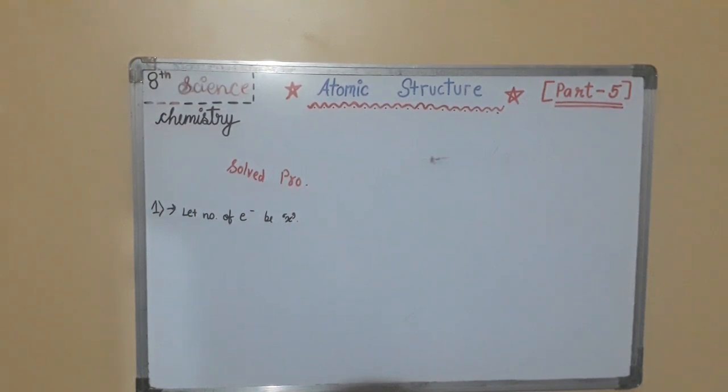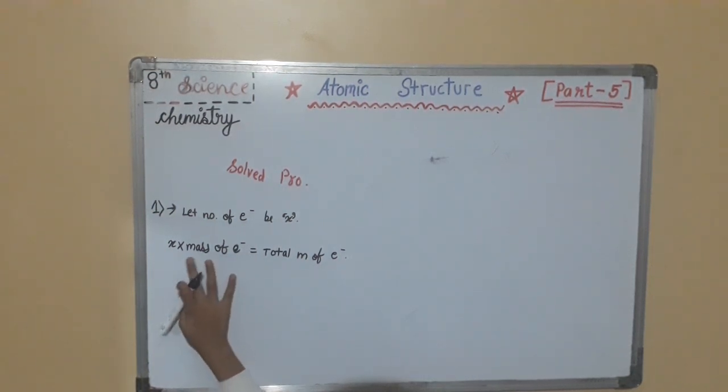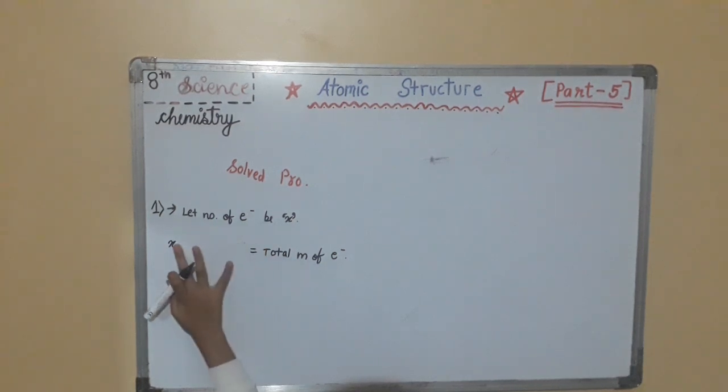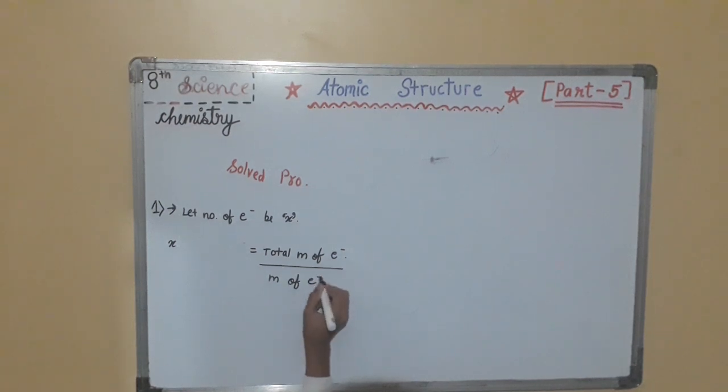So x into mass of electrons is equal to total mass of electrons, which means x will be equal to total mass of electrons upon mass of each electron.